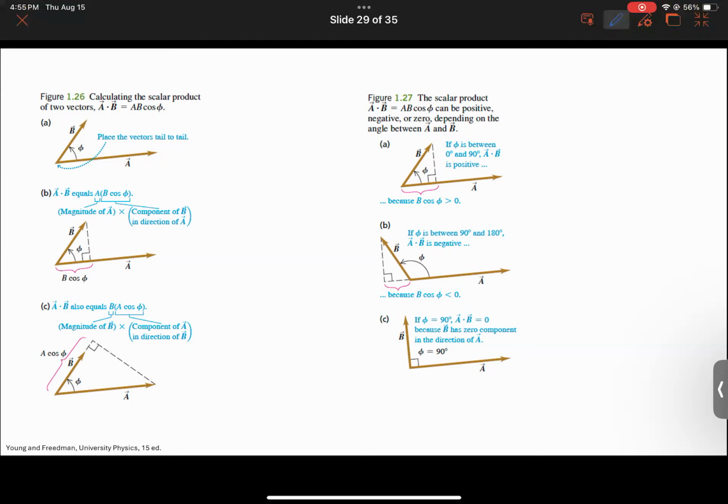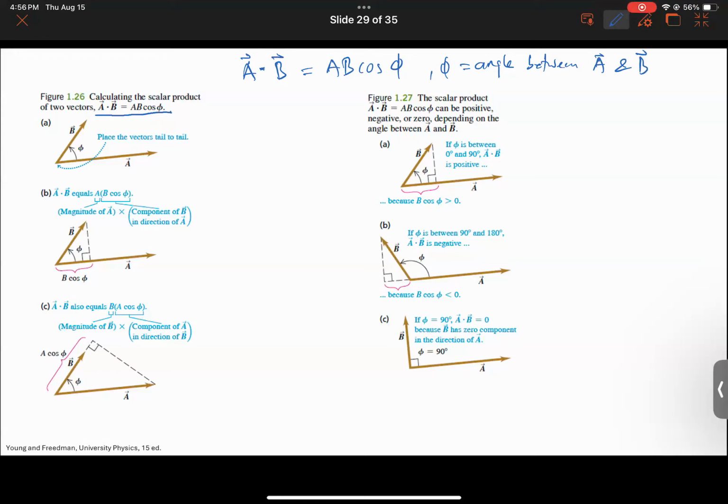So, in this slide, makikita natin na kung paano ginagawa yung scalar product. So, by definition, ang scalar product is A dot B, and yung magnitude is AB cosine ng phi, where phi is the angle between vectors A and B. Okay?